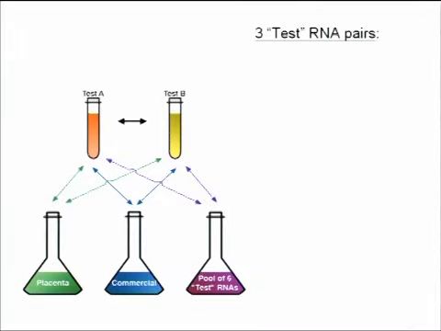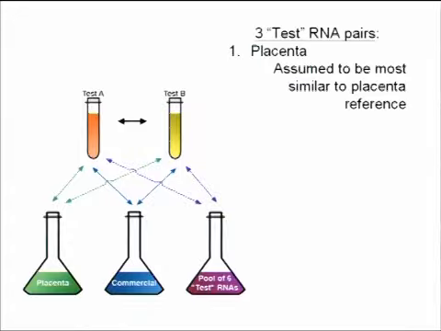And so what are our test pairs? One test pair is placenta RNA, biologically different from this RNA. And we assumed that the placenta RNAs would be most similar to the placenta reference. Another test pair were 2 kidney RNAs.